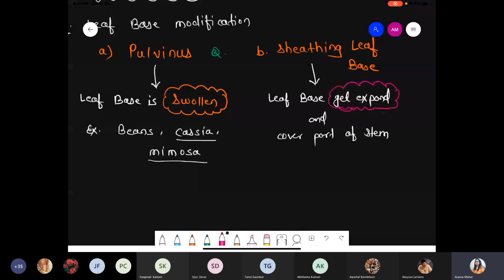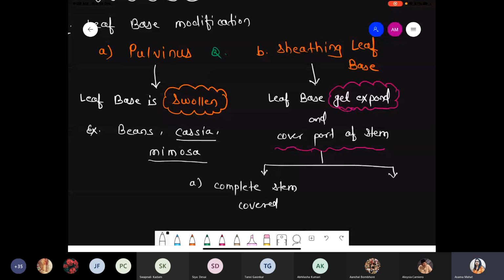So part of the stem gets covered, and the covering can be of two types, meaning they can cover the entire stem, complete stem covered, or partial, meaning some part. Partial stem covered. Both conditions are present.